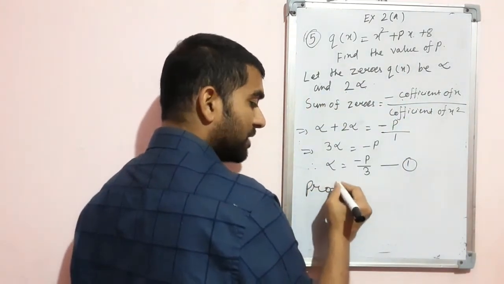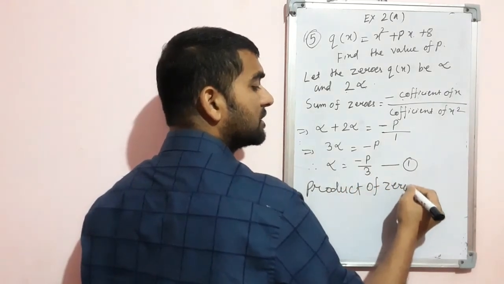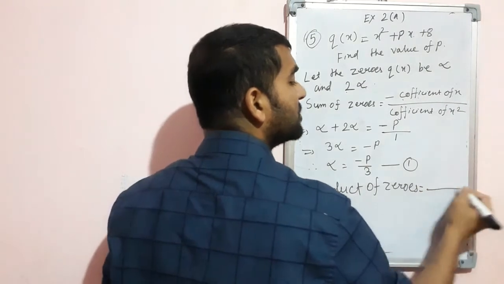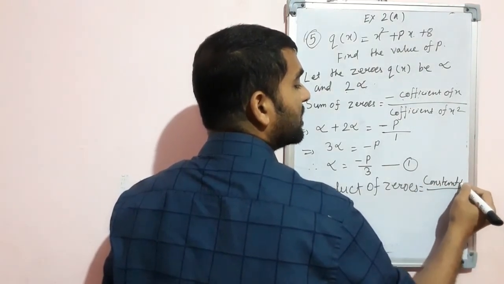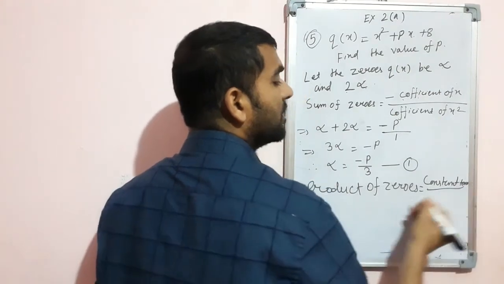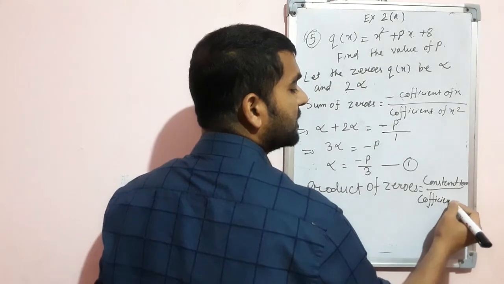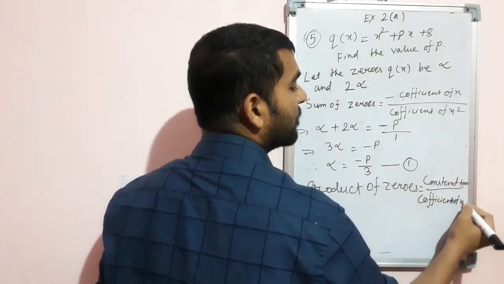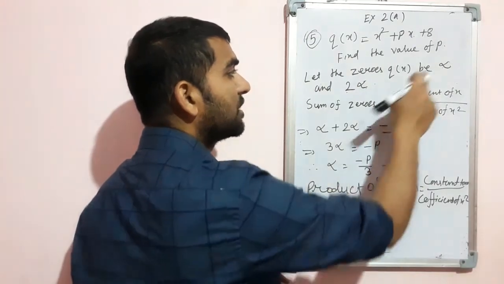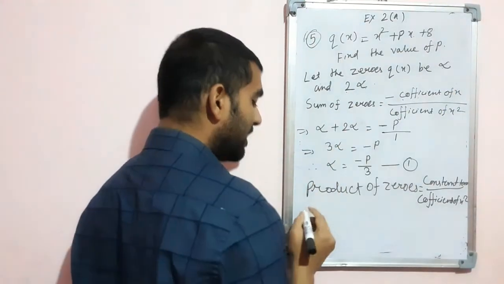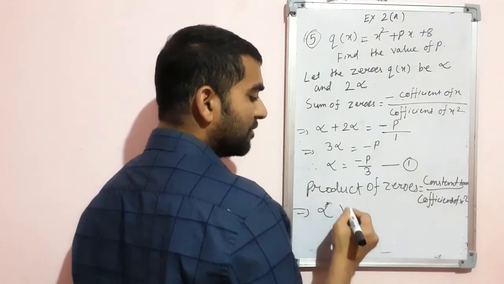Now find out the product of zeros. What is the formula? Product of zeros is the constant term divided by coefficient of x square. What are our zeros? Alpha into 2 alpha. Product means multiplication.